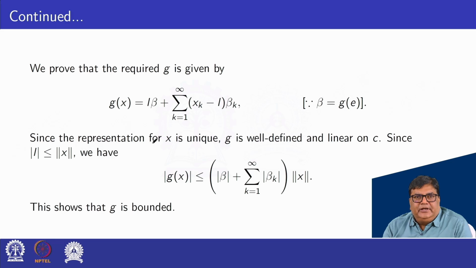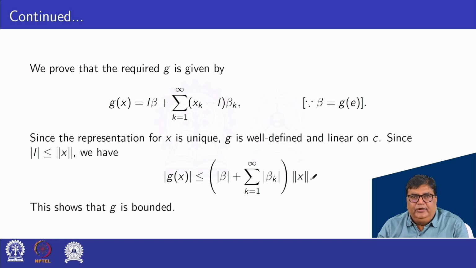Since the representation for x is unique, g is well defined and linear on C. Since mod L is less or equal to norm of x, we have mod g(x) less or equal to mod beta plus summation k is equal to 1 to infinity mod beta k into norm x. This shows that g is bounded.